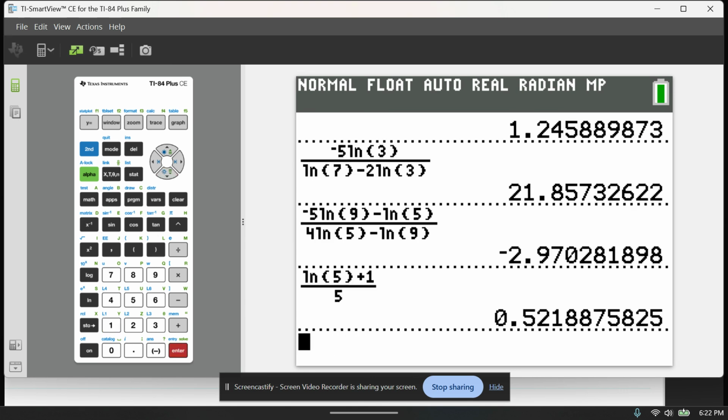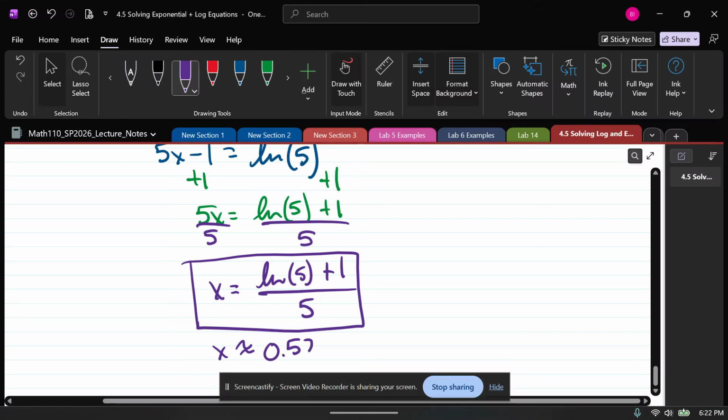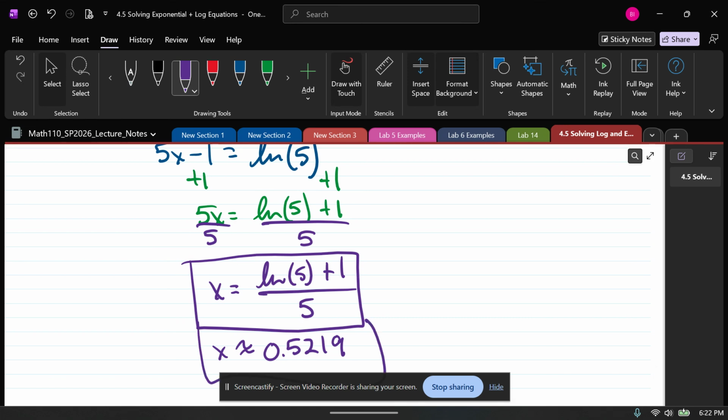Hit enter. 0.5219. That one's a lot easier because your base canceled out. That's really when they get easy. If the base is an E, that really works well.